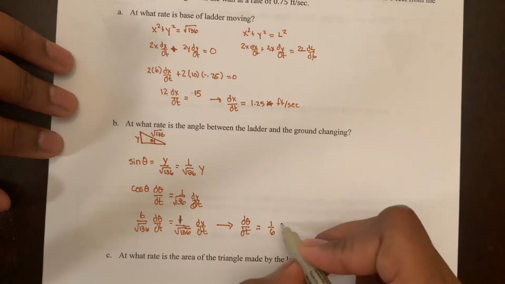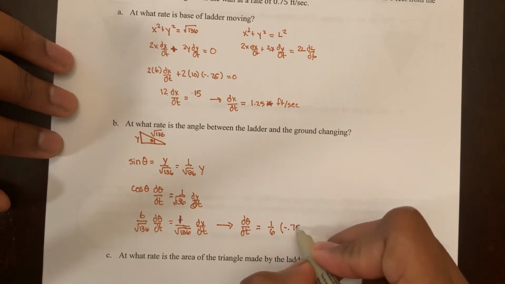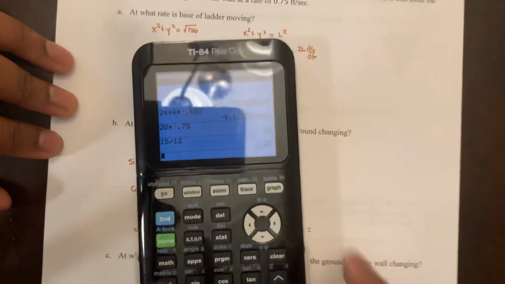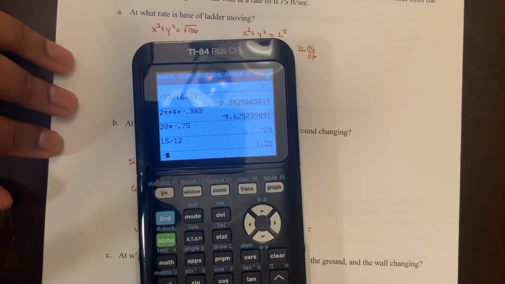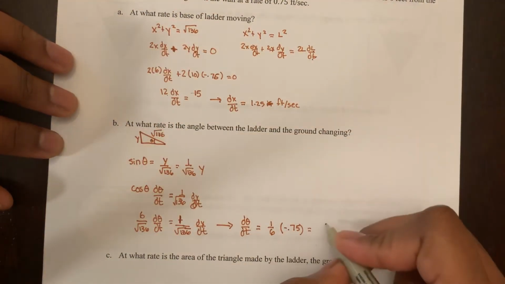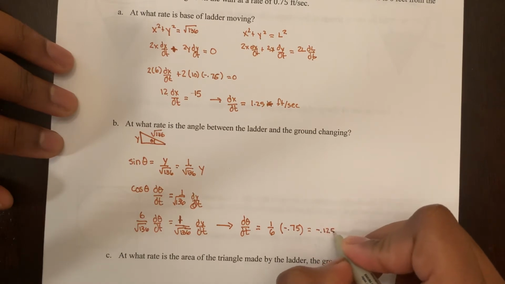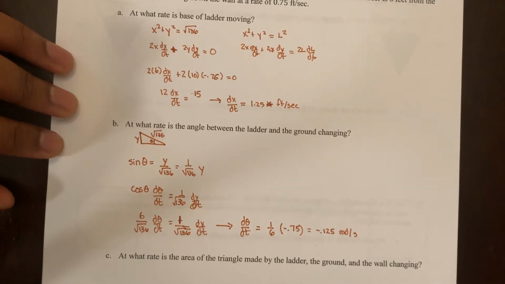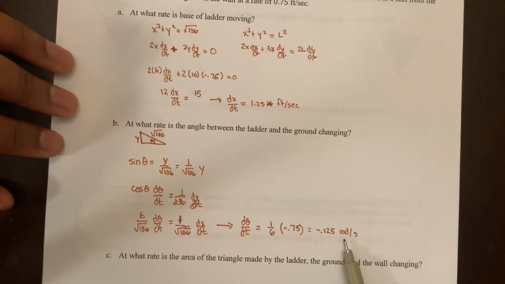So that's going to be 1/6 times negative 0.75. And negative 0.75 times 1/6 is negative 0.125. So negative 0.125 radians per second. And again, it makes sense that the angle should be getting smaller, because if the ladder is sliding down, the angle should get smaller.